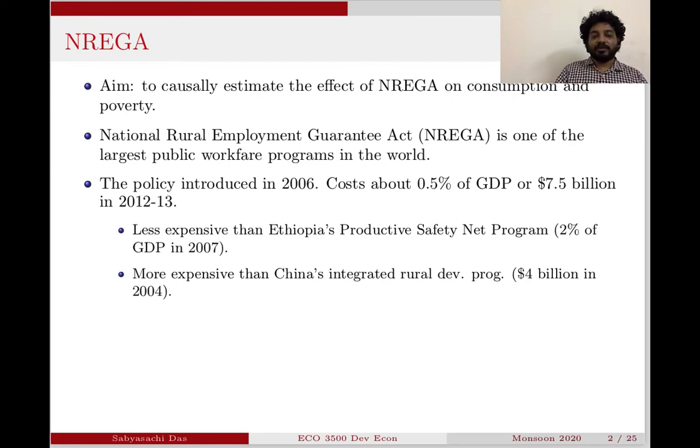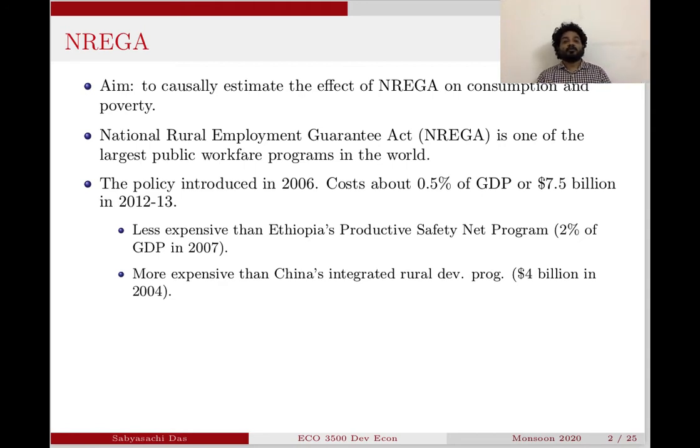As many of you already know, the NREGA or NREGS, now also known as MGNREGA, named after Mahatma Gandhi, is one of the largest public workfare programs in the world. What are public workfare programs?